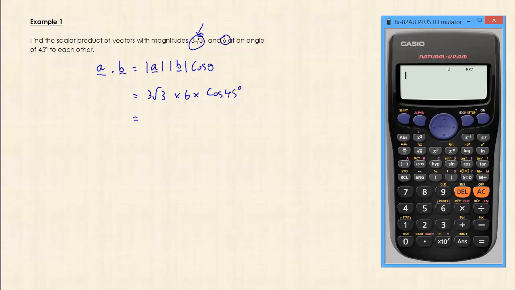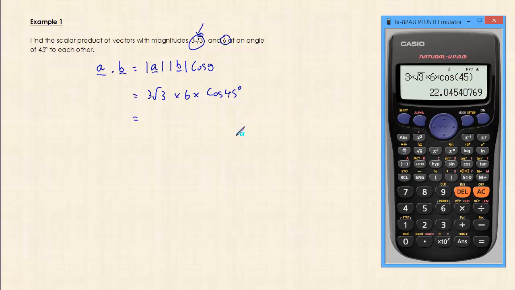So we just need to calculate 3 root 3 times 6 times cos 45, and that would give us 22.0, correct to 1 decimal place.